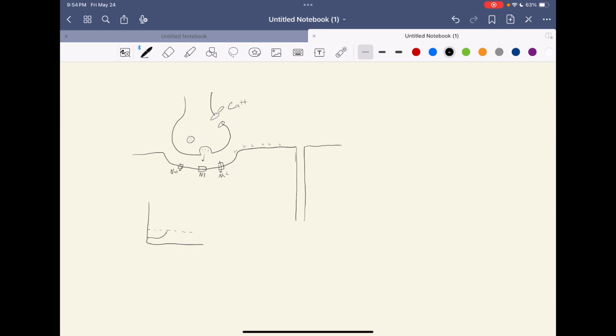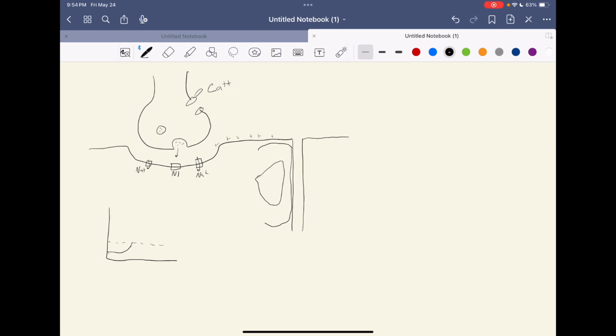is the sarcoplasmic reticulum, which I'll draw here. And it basically folds all the way around all of these structures. And it's on both sides, it's everywhere.